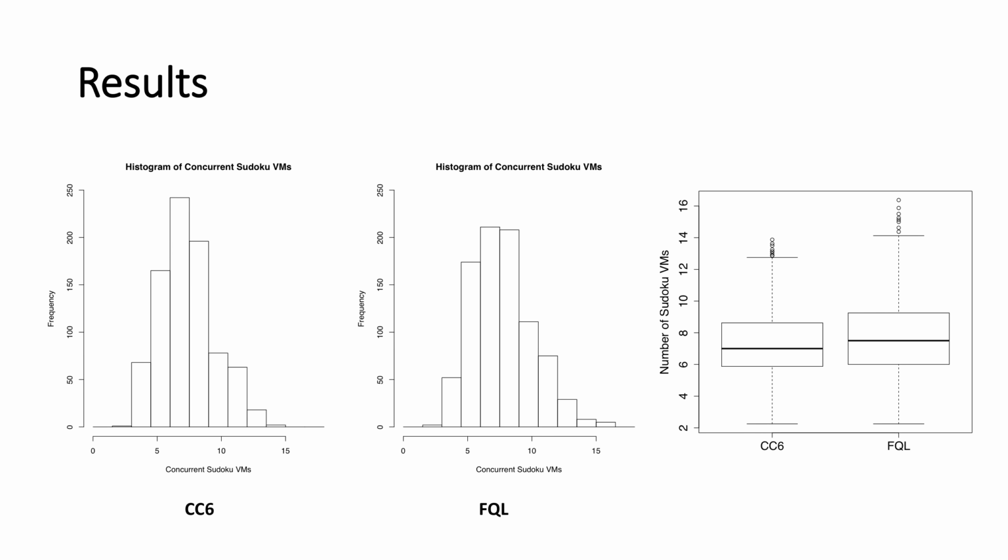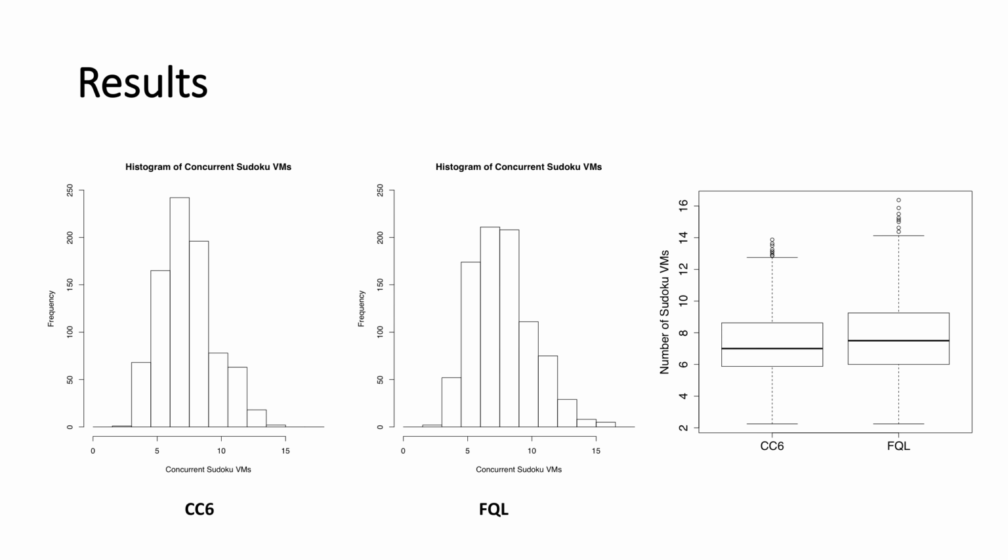As the previous slides showed, the FQL-based capacity controller presents a more efficient sharing mechanism where more cores are shared, and in turn more VMs can be accepted. This is highlighted in these figures, where a histogram of the number of Sudoku VMs concurrently running is depicted. Only the first bar is larger for CC6, which means there are fewer concurrently running Sudoku VMs during longer periods of time.